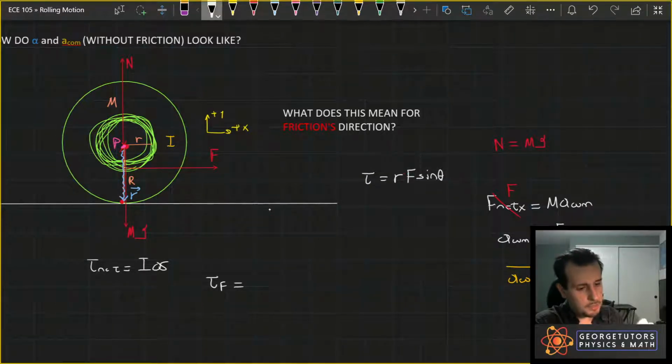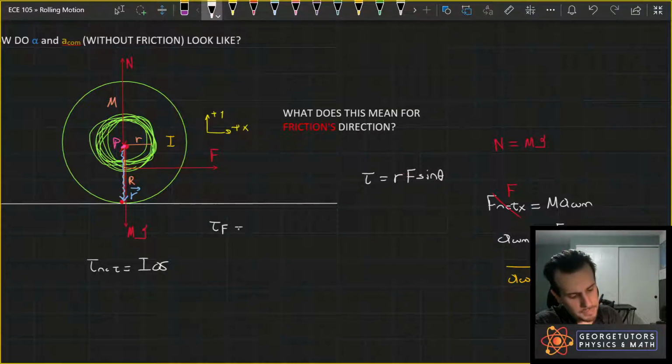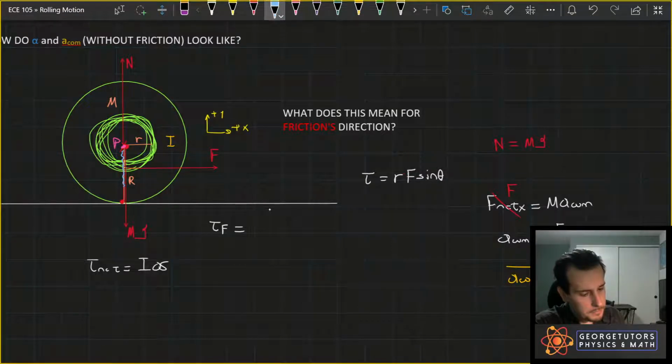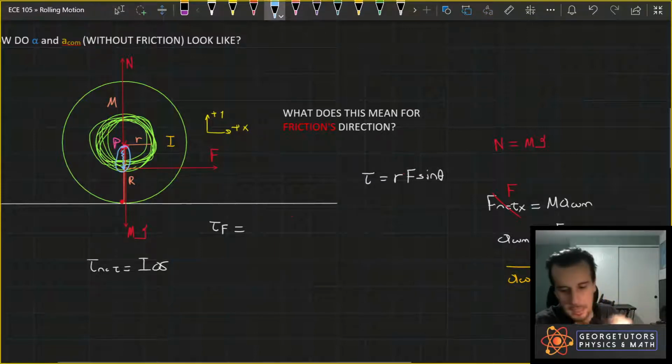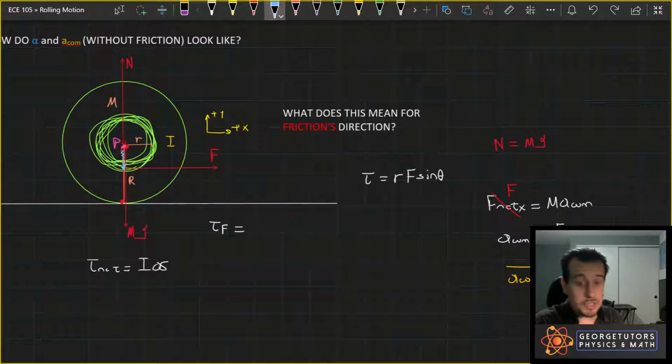So the only one left here is tau of F. What does tau of F do here? Well, if we fill in the R that it acts at, we can very easily see that from the pivot point right now, let me again decrease the size of our R vector to point exactly there, the distance that the force F is acting is just little r.